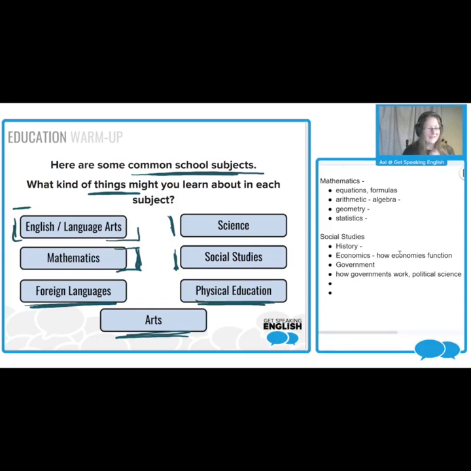So some great ideas. Maybe also physical education. So, for example, physical activity, fitness, right?